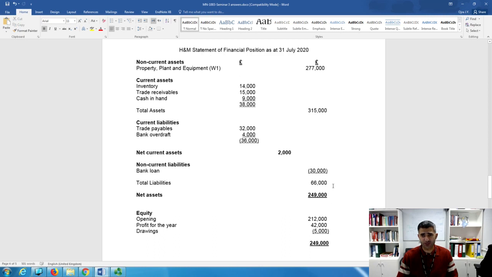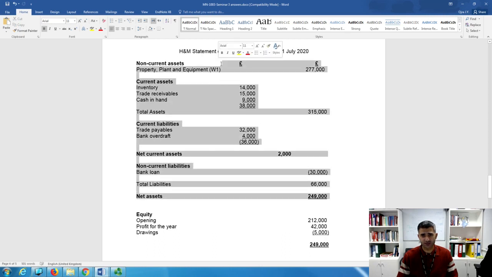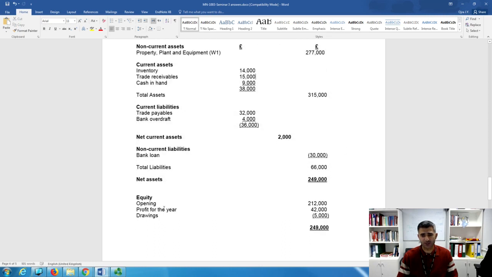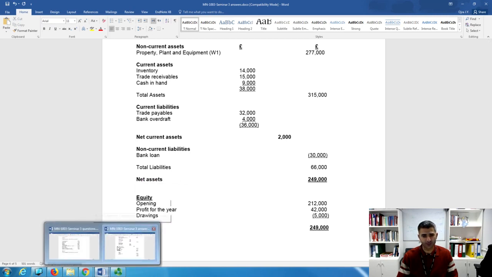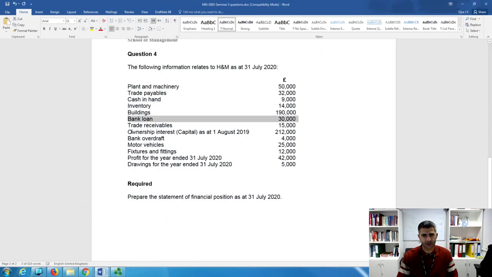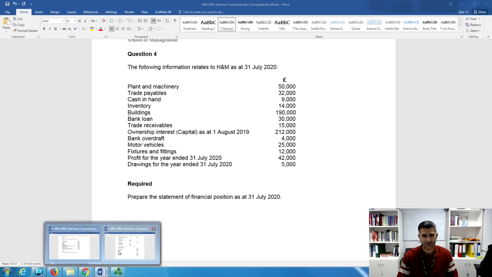So this is the first part of the statement. Now let's move to the second part, which is the equity. When it comes to the equity, we start with opening capital, which is the 212. Here we go. You add the profit for the year and you deduct the drawings. Easy.